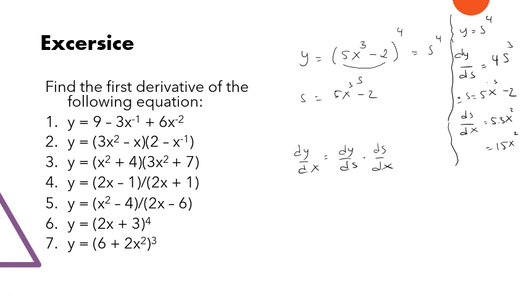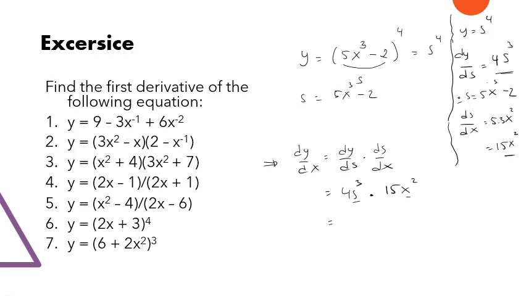Now we go back here again. So dy/dx is dy/ds, what is that again? 4s power 3 times ds/dx, which is 15x squared. Now you see there are 2 independent variables in here, s and x, and we want dy/dx to depend only on x.